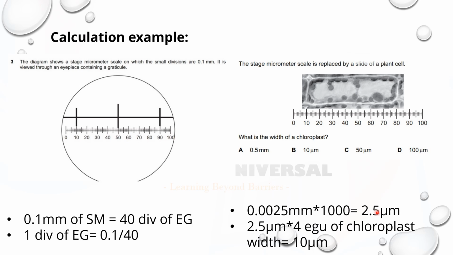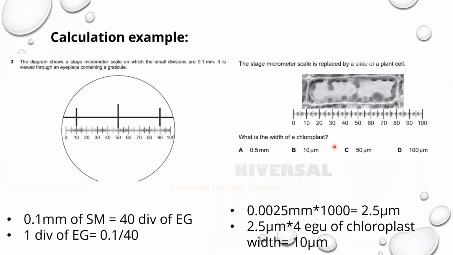That is the value of one eyepiece division. Remember, the first step is to find the point of overlap and check the number of eyepiece divisions that overlap with the stage micrometer. One stage micrometer division is 0.1 millimeters, equal to 40 eyepiece divisions. So one is 0.1 divided by 40. Convert to micrometers by multiplying by 1000.